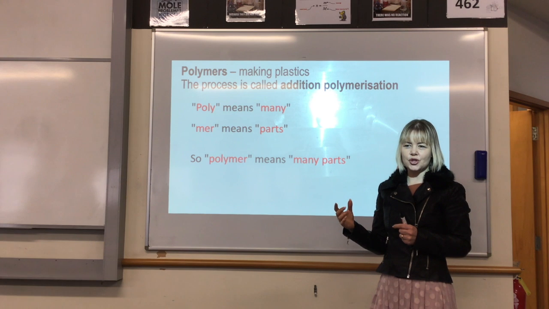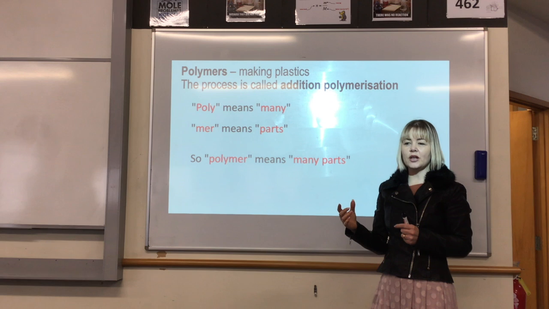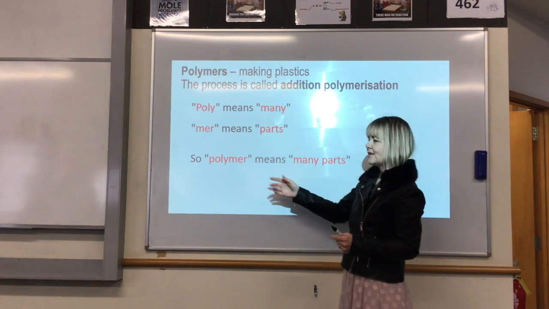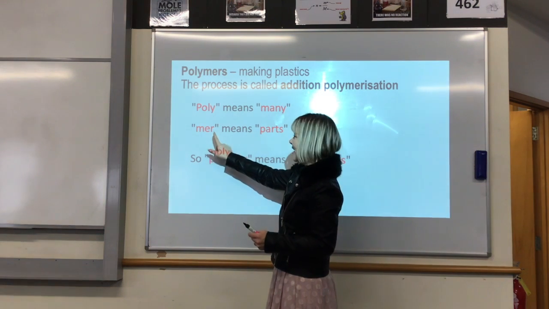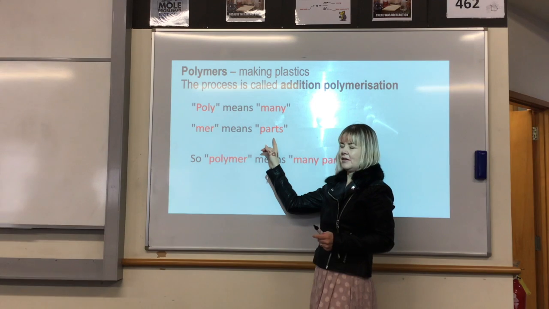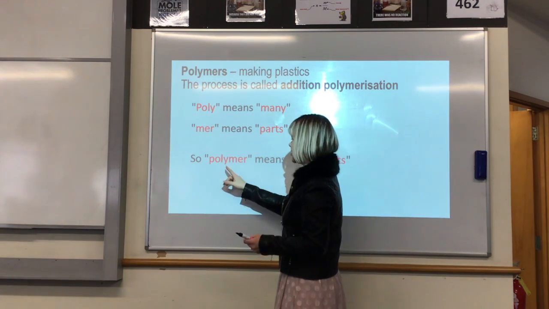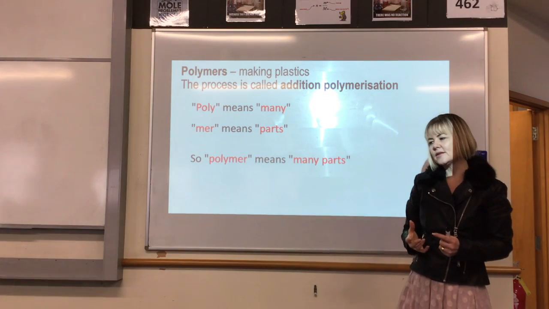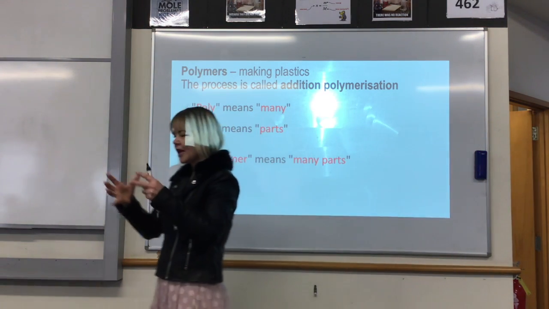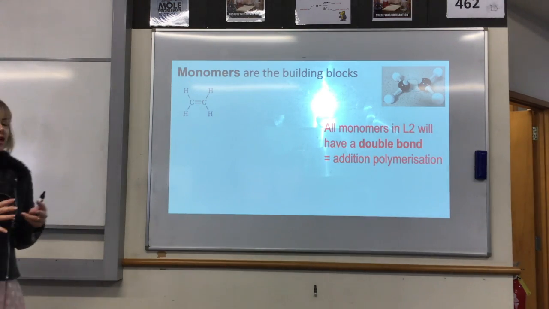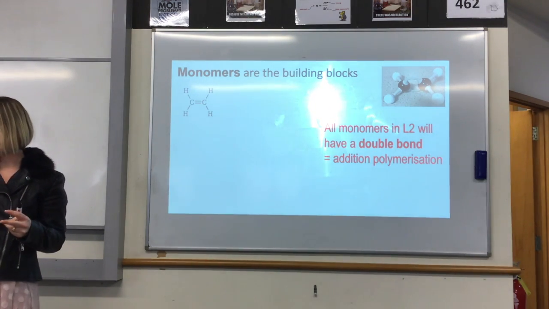Any other poly words you know? Polypeptides, where you get lots of peptides joined together. Well done. See? Intelligent there. The mer means parts. I don't know where that originates from. So polymer means that there's many parts. And we're going to keep it nice and simple, and just have one type of part, so one type of monomer, and we're going to be joining them all together.